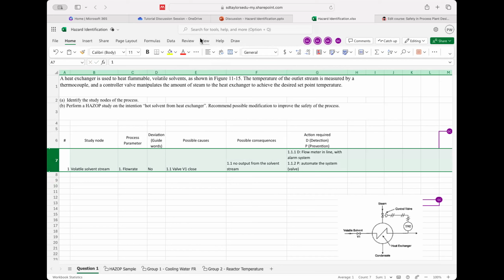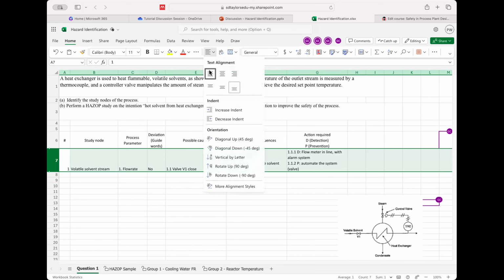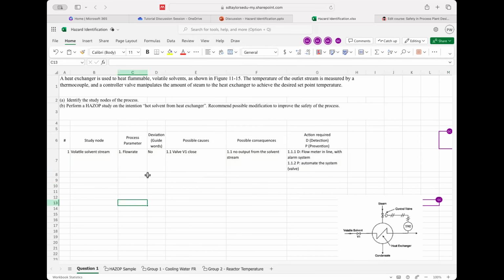Allow me to change this to top. Okay, so now we have 1.1 on no. And do we have other potential things that can go wrong for no flow rate? If no, then we go to low flow rate.